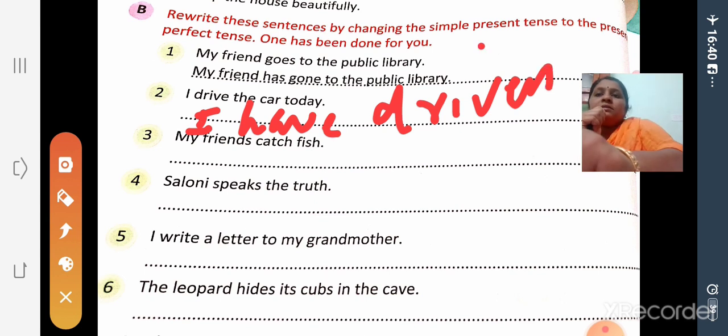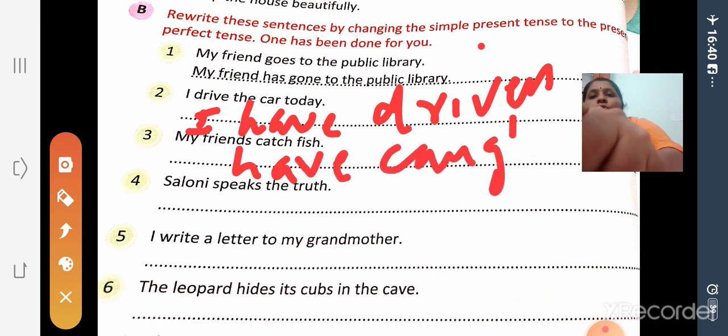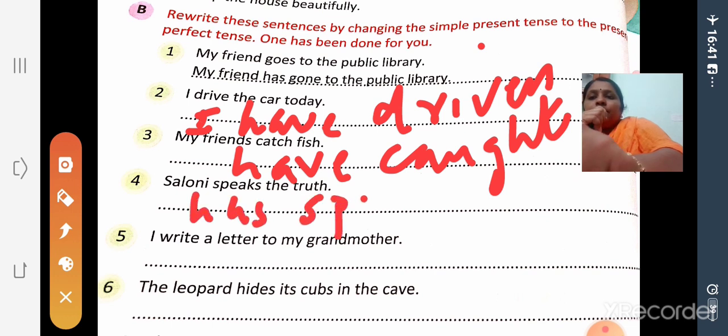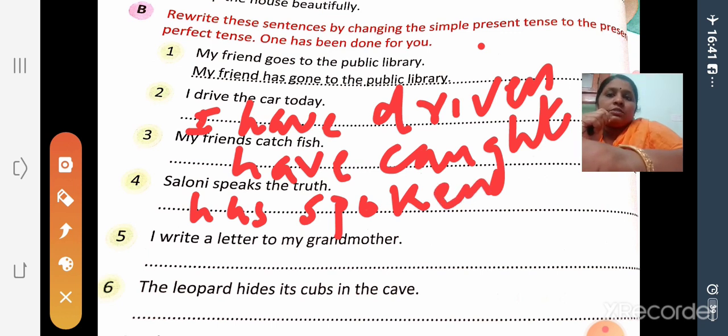Then my friends catch fish. My friends വരുമ്പോൾ have. My friends have caught, CAUGHT ആണ്. My friends have caught. Then Saloni speaks the truth. Saloni singular, so has spoken, SPOKEN spoken ആണ്. Then I write a letter to my grandmother.